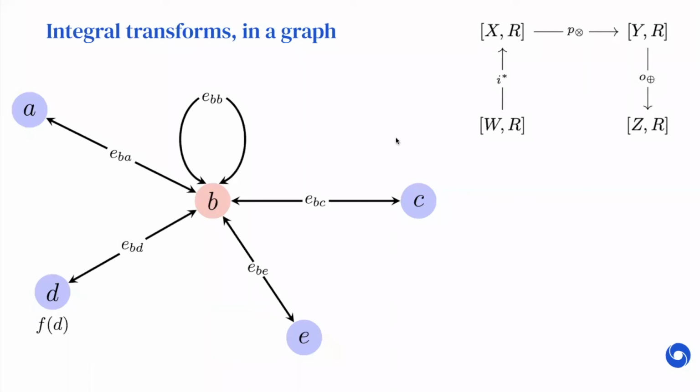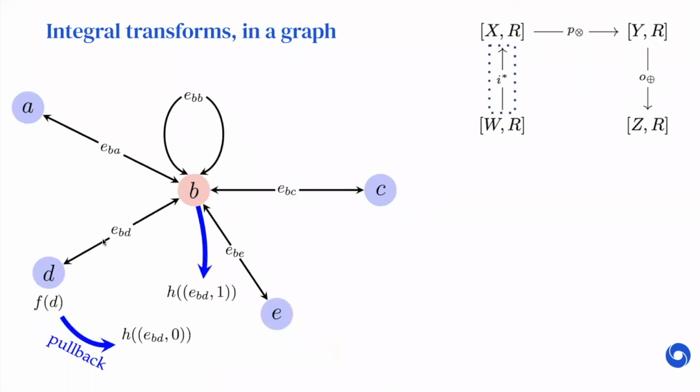The first step, the pullback: let's say I want to compute a message over the edge from D to B. How do I compute that message? I typically need the data from my sender node and my receiver node, right? So the pullback operation pulls out those two relevant pieces of information and stores them for you in this convenient new function h, which identifies the two arguments.